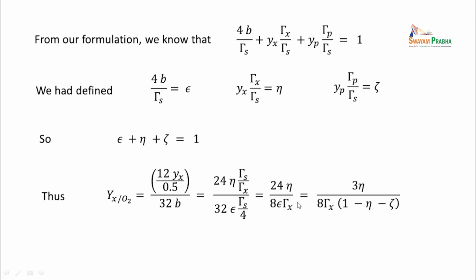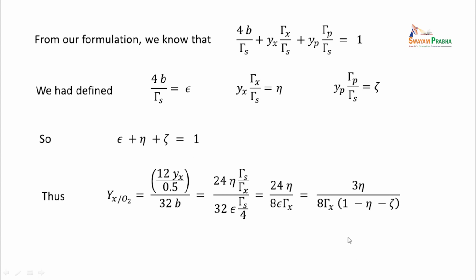Here we have 24 eta by 8 epsilon gamma X. Epsilon plus eta plus xi equals 1.